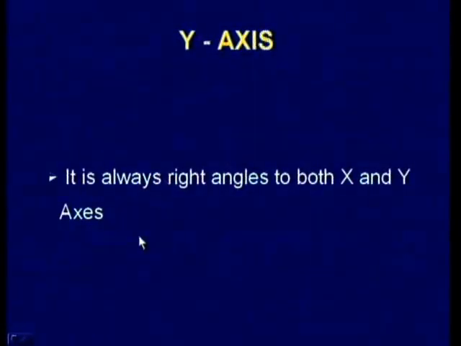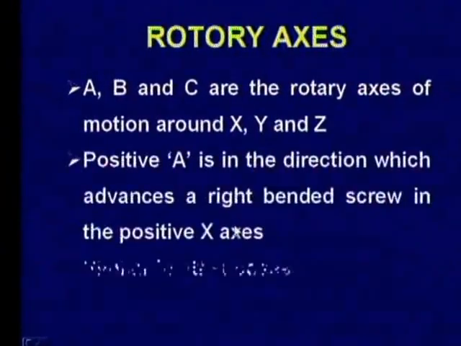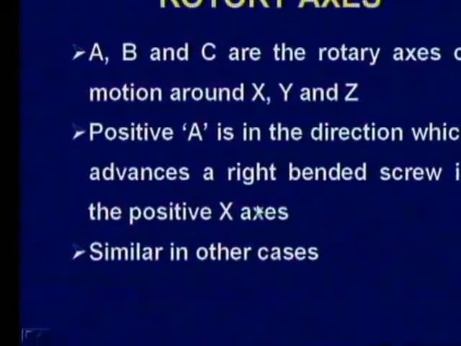Next is the y axis. It is always at right angles to both x and z axis. Till now we dealt with x, y and z axis. The z axis has plus z and minus z. Plus z always increases the distance between the workpiece and the cutter.